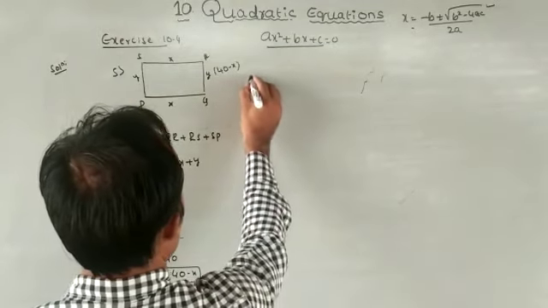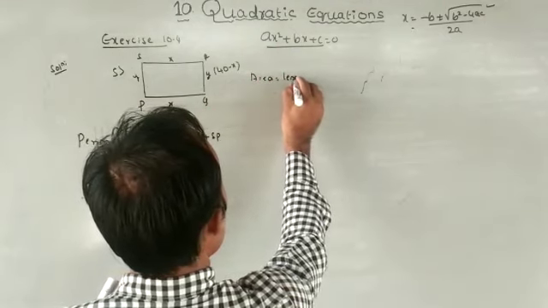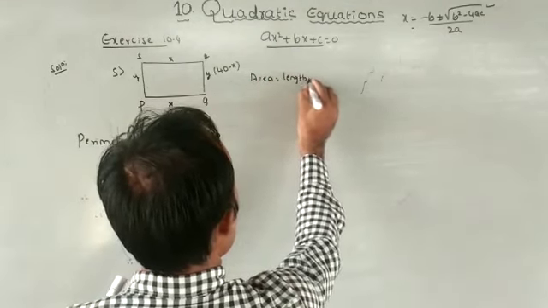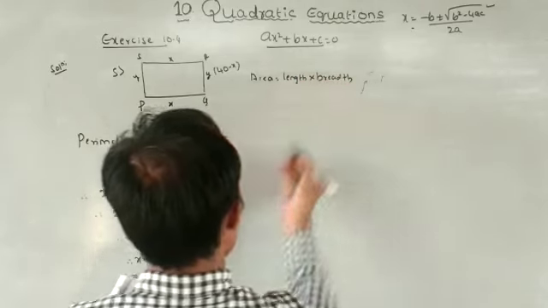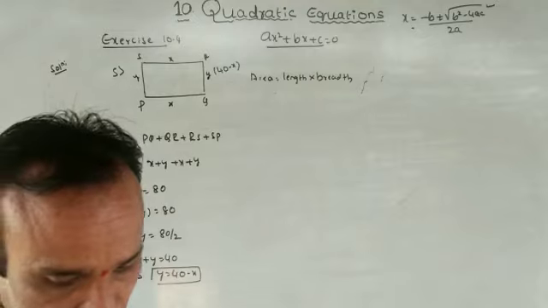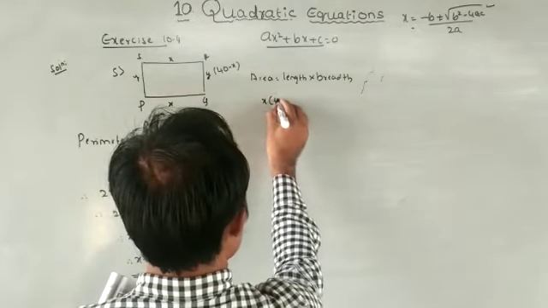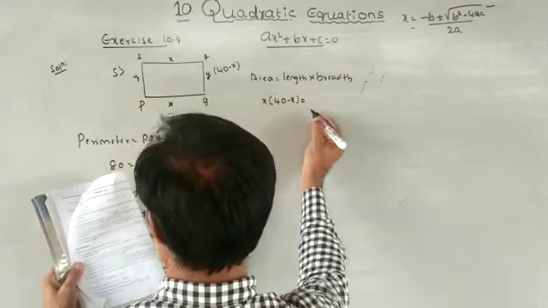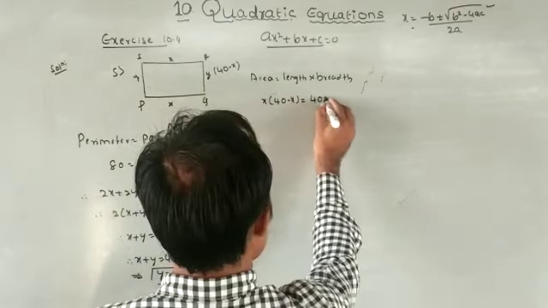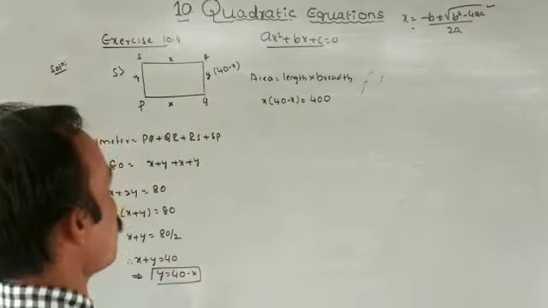This is equal to 16 minus x years. According to the given condition, correct? The product they gave, x minus 4 into 16 minus x is equal to the product, it was 48.